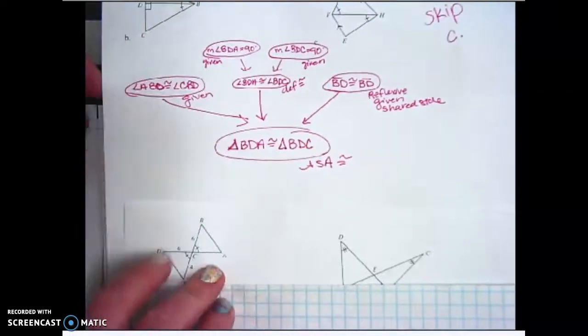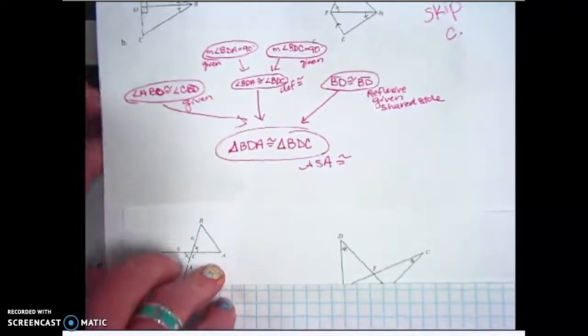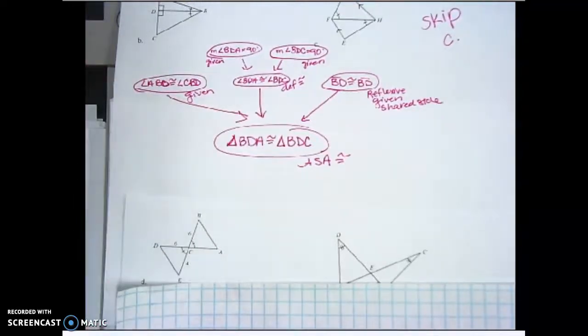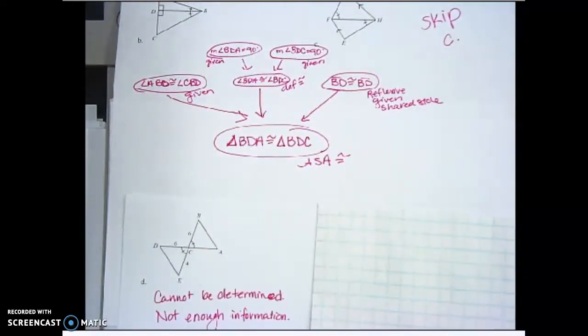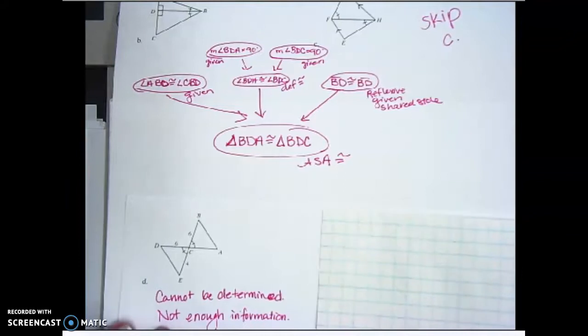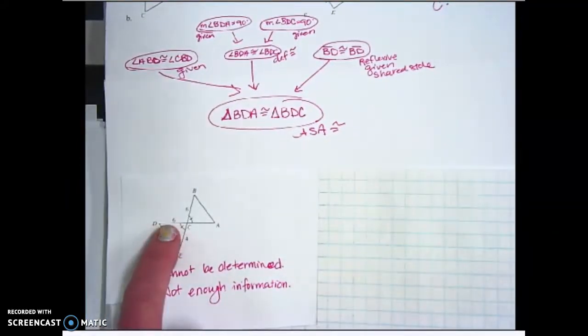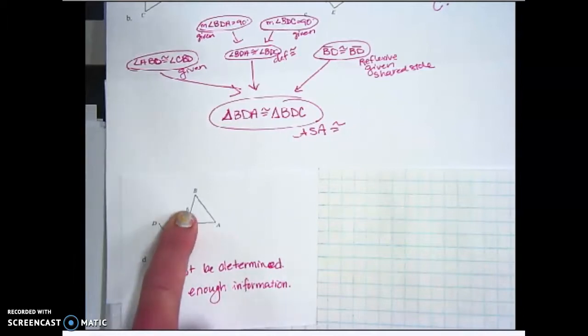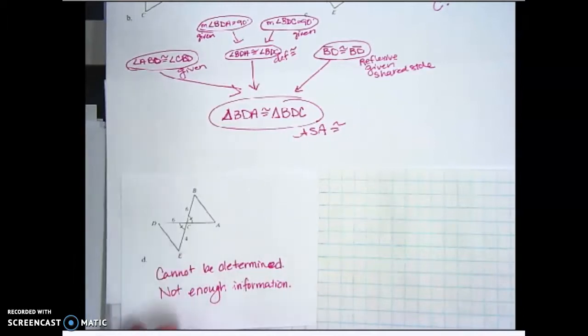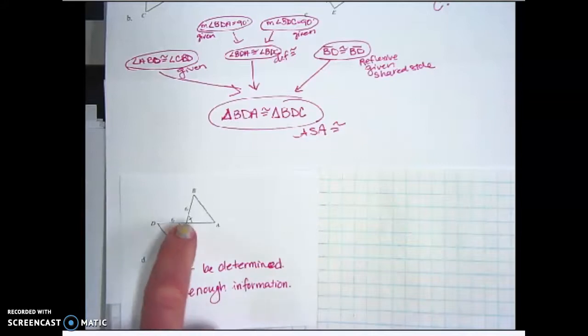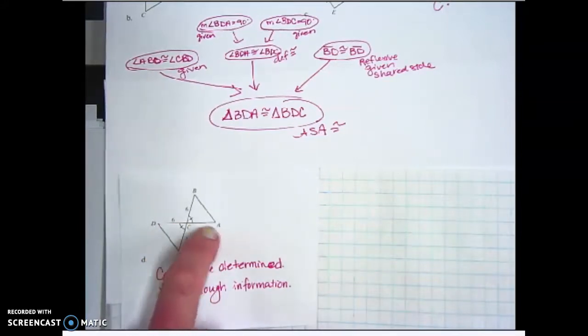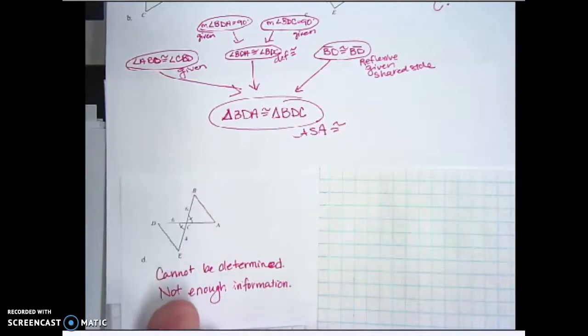All right. On the next page, we're going to look at the one on the left first. We've got this side marked with 6 units, this side marked with 6 units, so that's a side. And we've got angle DCE congruent to angle ACB.